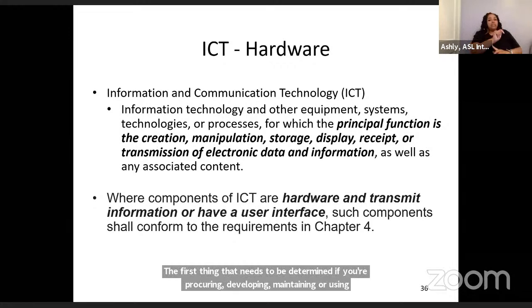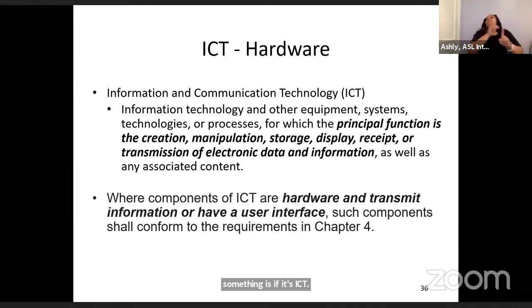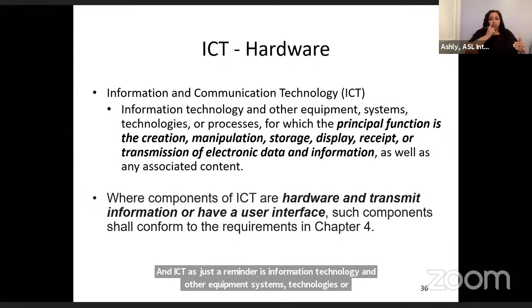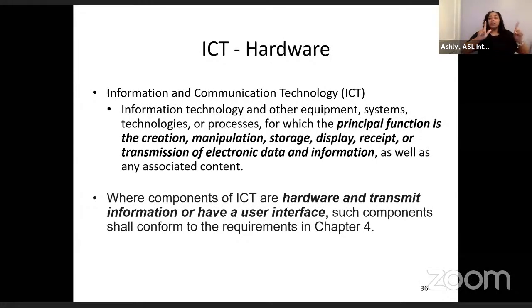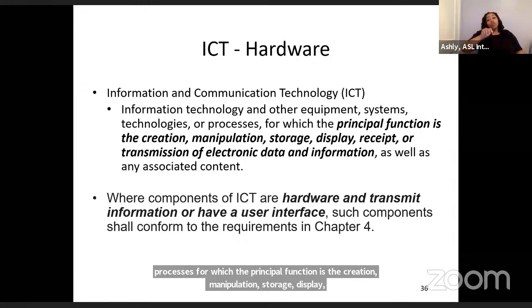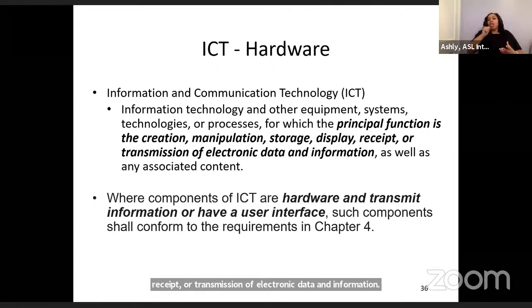And ICT, as just a reminder, is information technology and other equipment, systems, technologies, or processes for which the principal function is the creation, manipulation, storage, display, receipt, or transmission of electronic data and information, as well as any associated content.